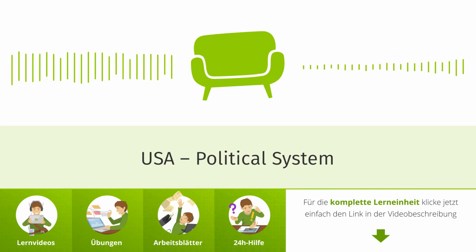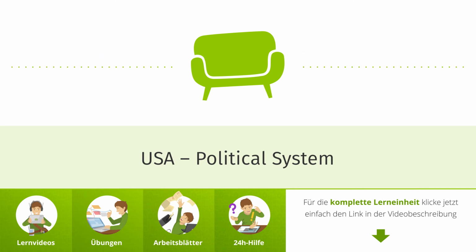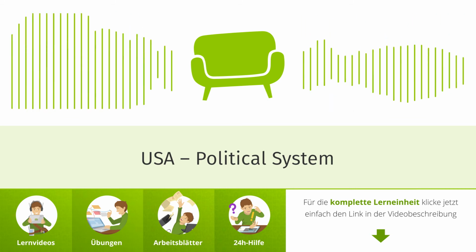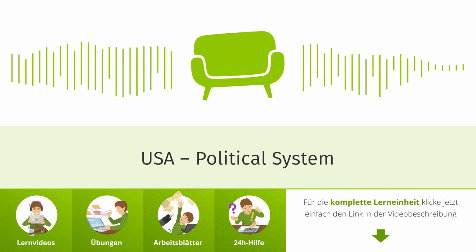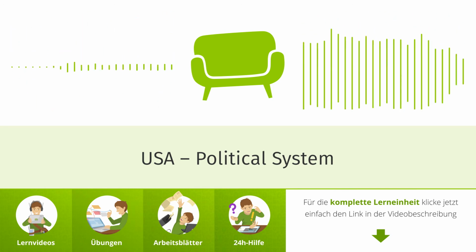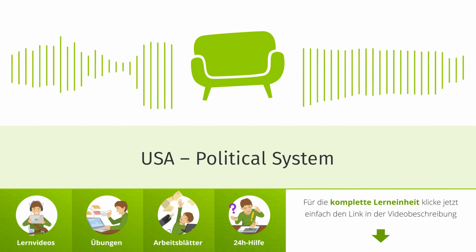The US government has 3 branches, or parts. Number 1, legislative branch. That means the people who make new laws. This role is played by the Congress. Number 2, executive branch, which is basically the president and also his cabinet.